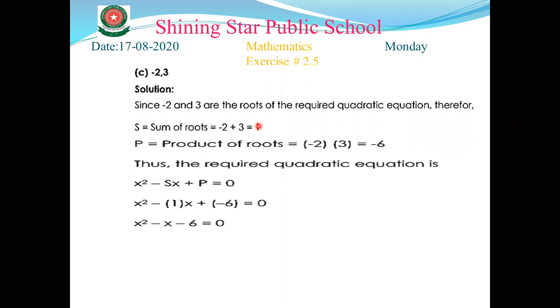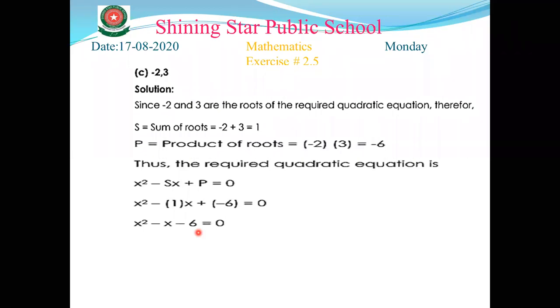Okay, now put the values of s and p in the equation. We will get x square minus 1x plus minus 6. So x square minus x minus 6 is your required quadratic equation, whose roots are minus 2 and 3.